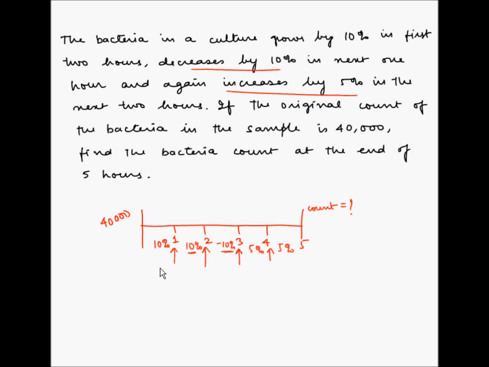Now we know that this resembles the scenario of a compound interest, and so we'll use the formula for compound interest and we'll understand how that gets applied to this scenario.